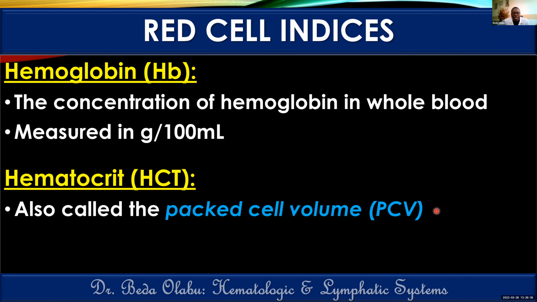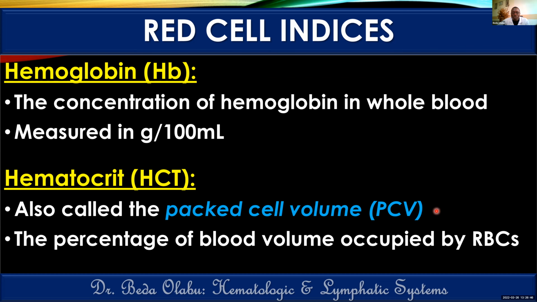We also call this the packed cell volume, and we obtain this when whole blood is centrifuged, so that we look at the proportion of whole blood that is occupied by red blood cells. Remember, the red blood cells are heavy, so they sediment down. We call that the packed cell volume, or hematocrit.